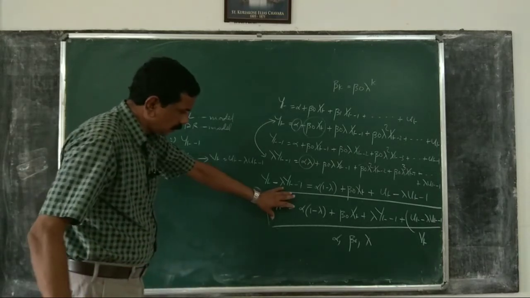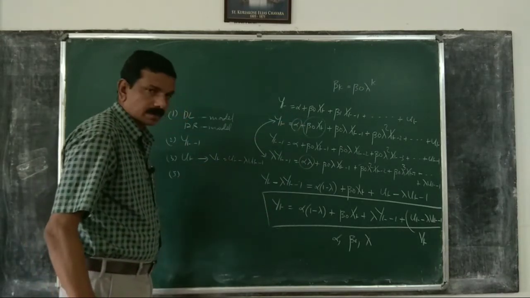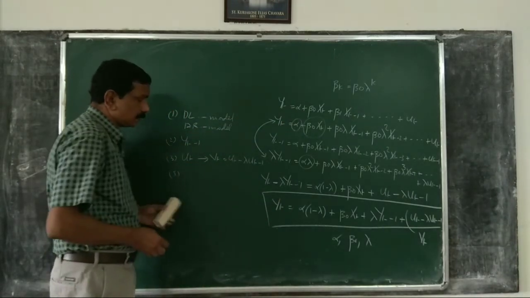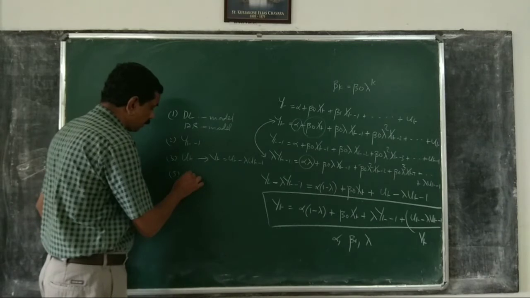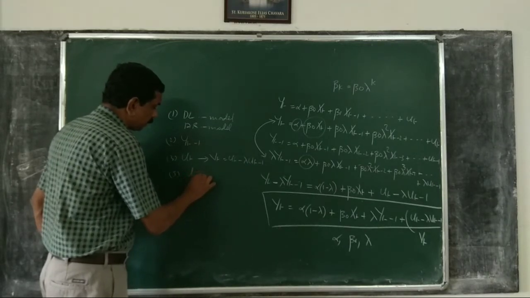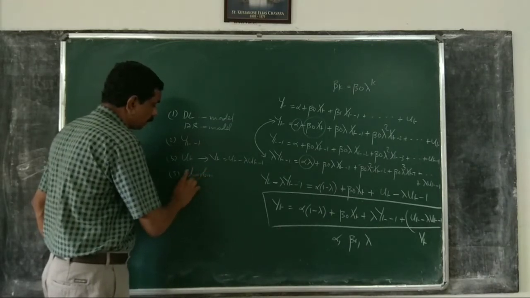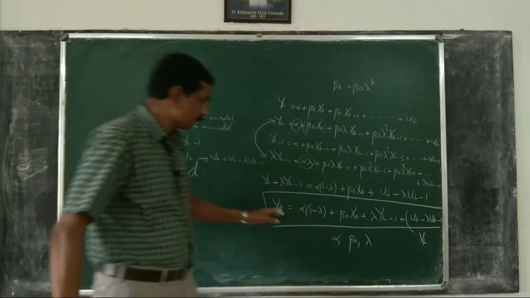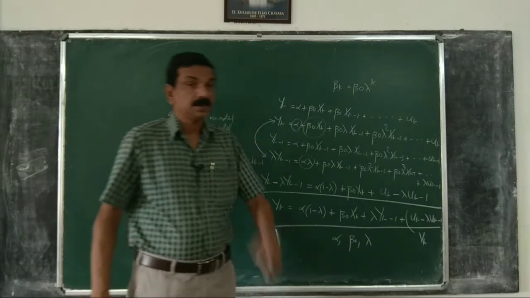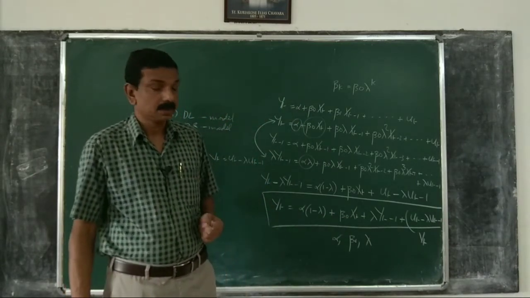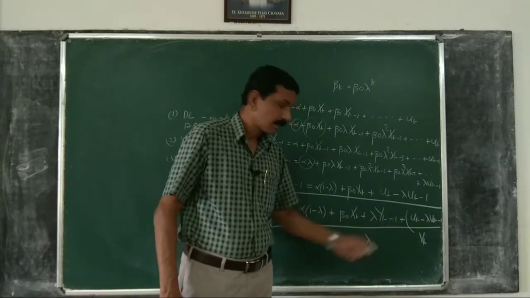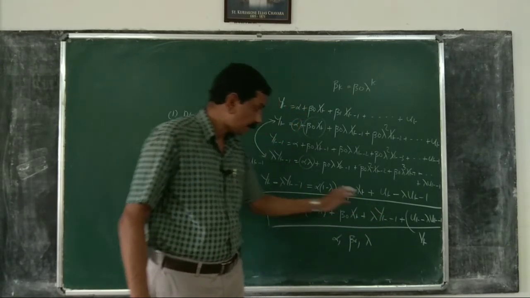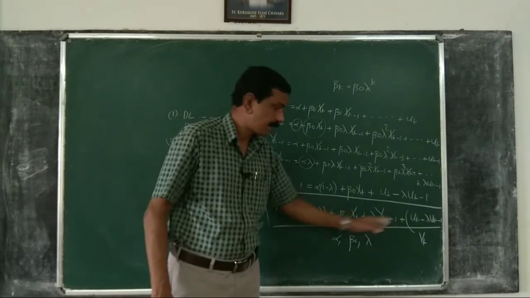Also, remember this, as this is an autoregressive model using time series data, we cannot test autocorrelation in this model by Durbin-Watson d. The reason is that it violates an assumption of the use of Durbin-Watson d. To use the Durbin-Watson d, an important assumption is that lagged value of the dependent variable must not be an independent variable.